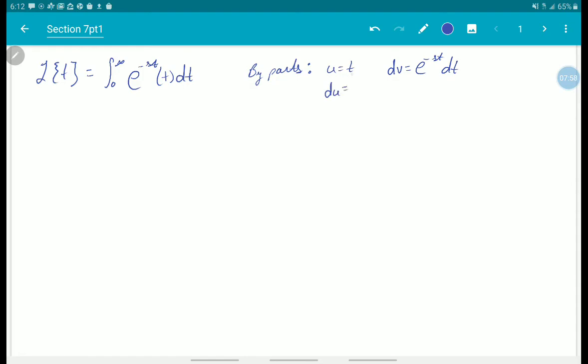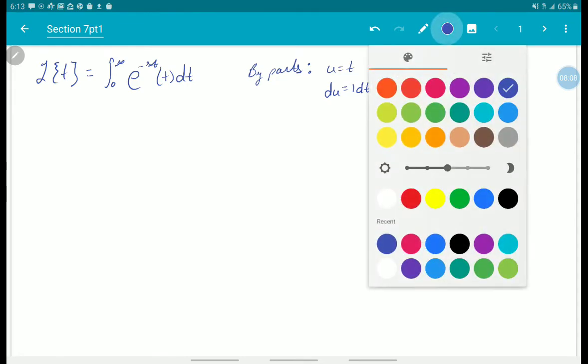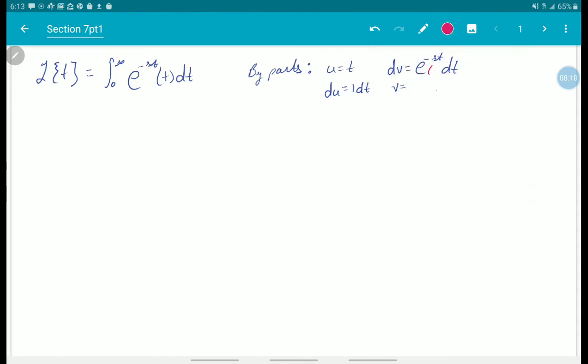So for du, if we take the derivative of t, we're going to get 1 dt. If we integrate to find v, we're going to have to think about that u substitution again. We need a negative s here, and we would compensate with a -1 over s. We're thinking about the integration.